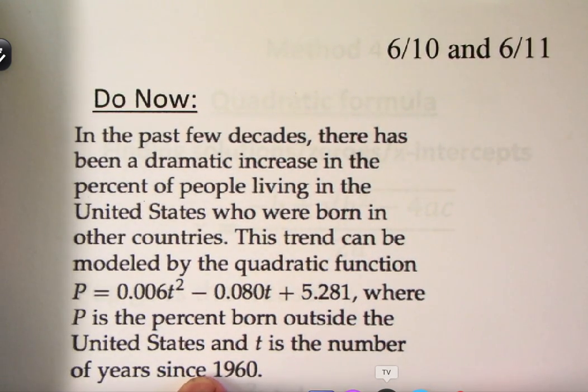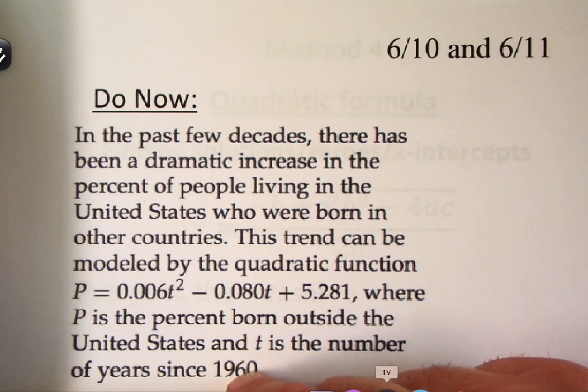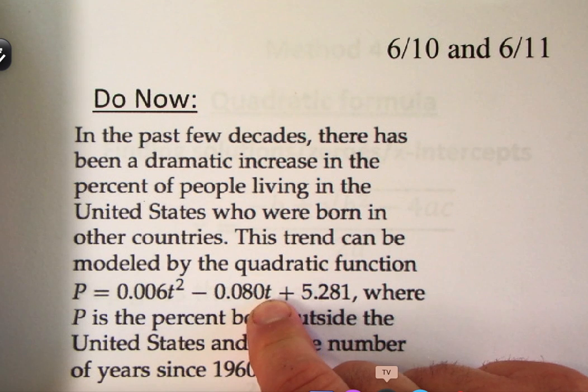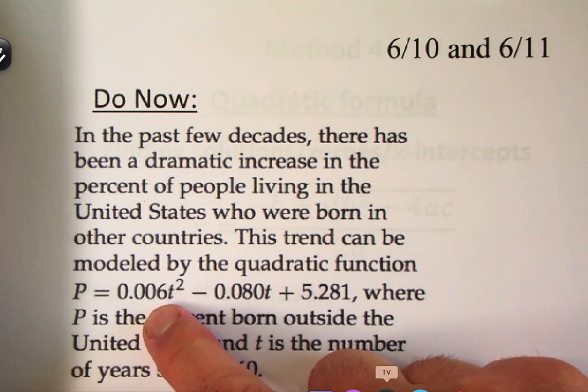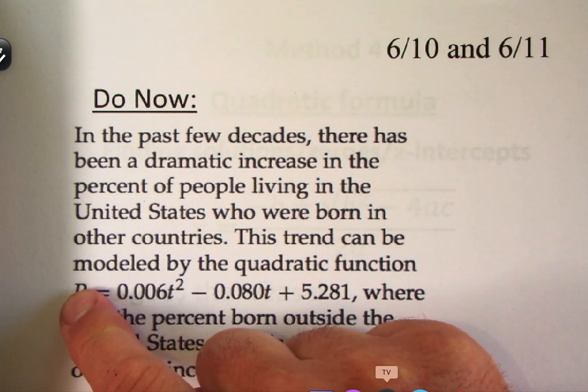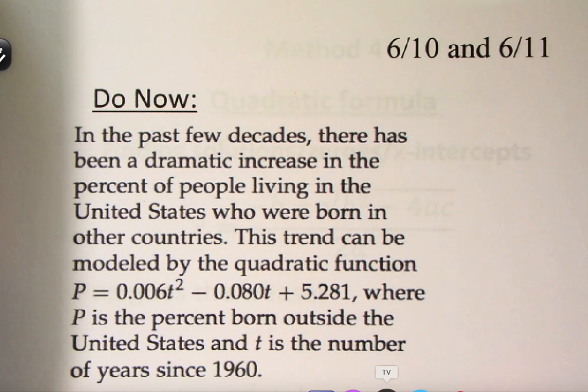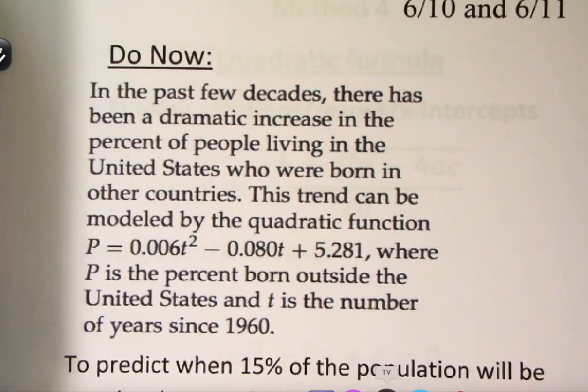So if we wanted to know, using this model, how many people currently in 2020 were born outside the United States that live here, we'd have to add 60, so we'd take 60, because that would get us to 220, put it in for t, do the math, and it would tell us what percent of the United States is made up of people who were born in other countries. Kind of cool.